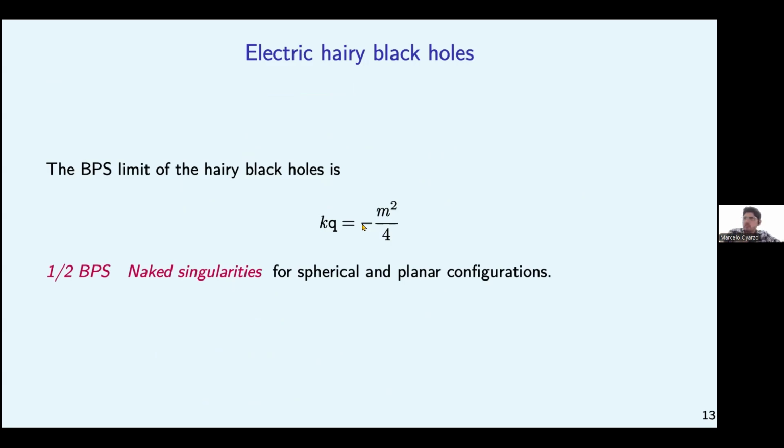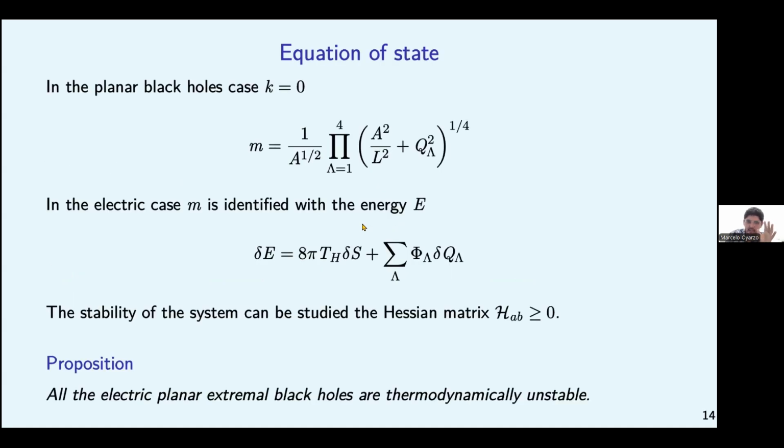But if you don't, imagine that you want to consider a more general configuration. You know that there is this configuration that saturates the bound. So let's consider again the general configuration with planar horizon. Okay. So what happens is that one can solve the parameter small m in terms of the horizon area that I will call capital A, and the electric charges that I call capital Q lambda.